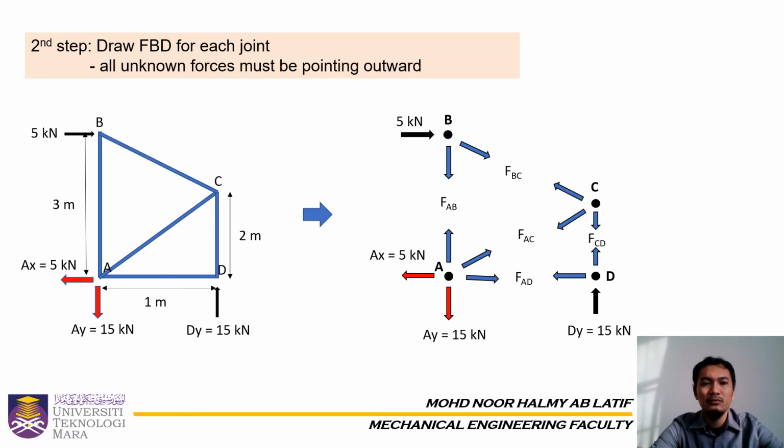Next is to draw the free body diagram for each joint, with the assumption that all unknown forces are pointing outward. Here we have 4 points: point B, point C, point D, and point A. So we show all the forces acting on each joint.